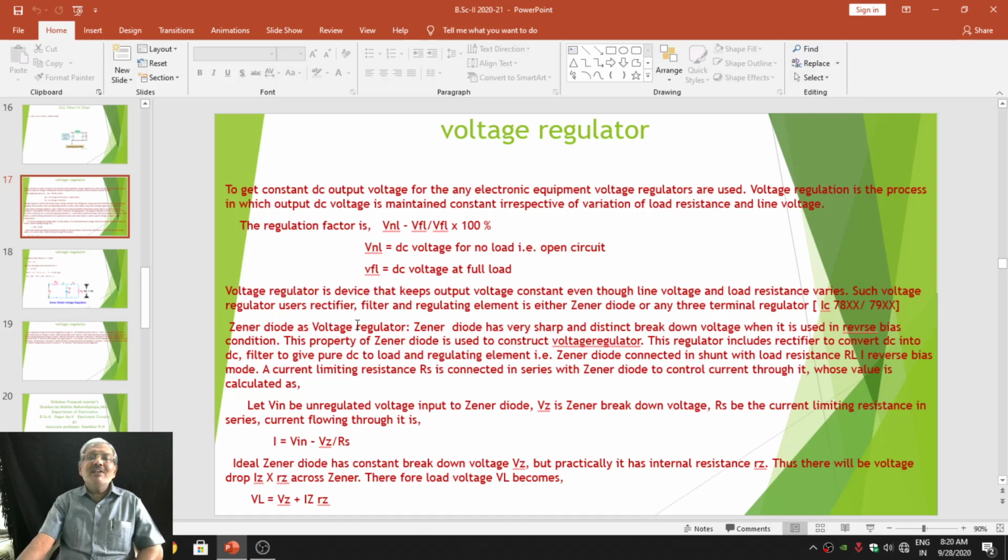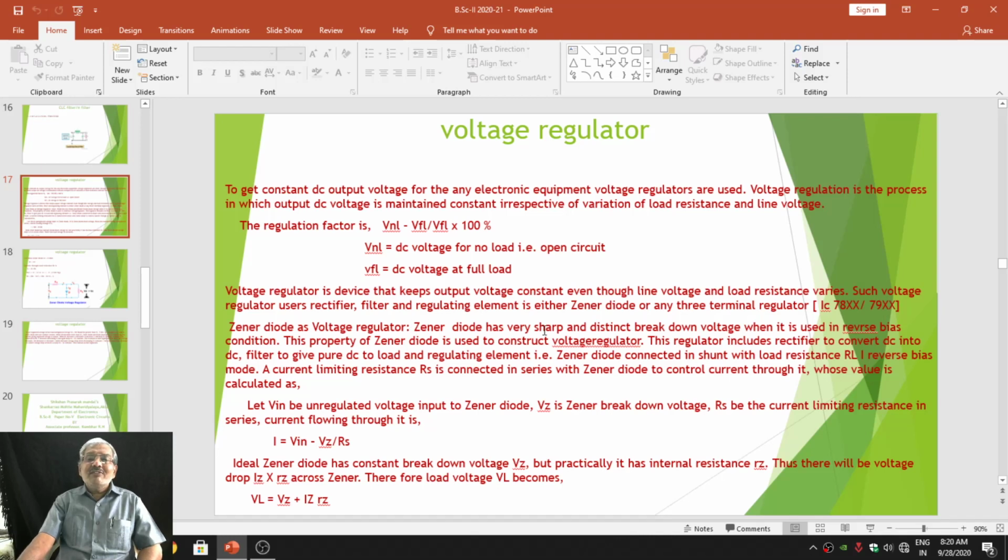Friends, at present we are restricting ourselves to designing the voltage regulator using the property of the Zener diode, and that's why we are going to study now the Zener diode as a voltage regulator. What is the property?